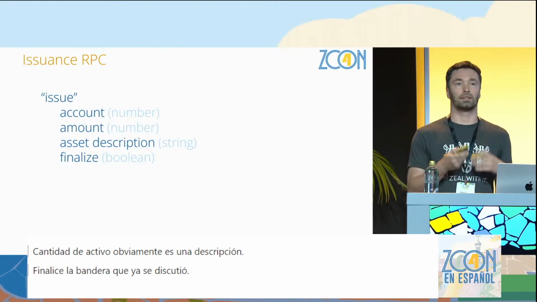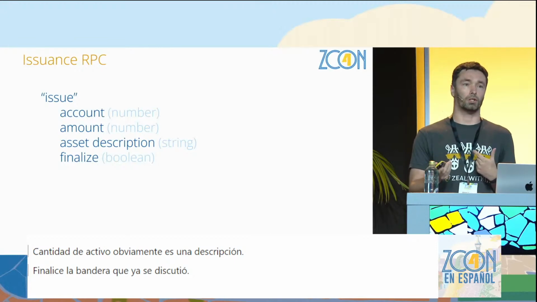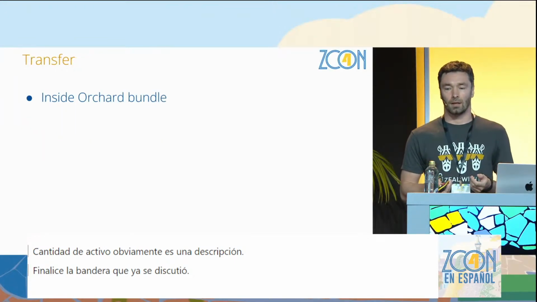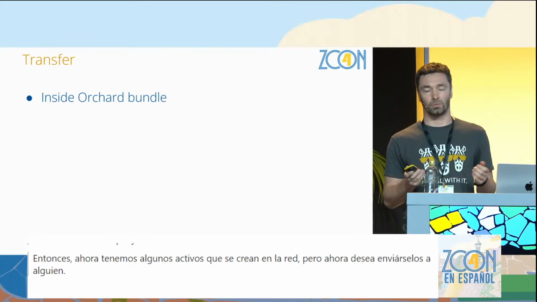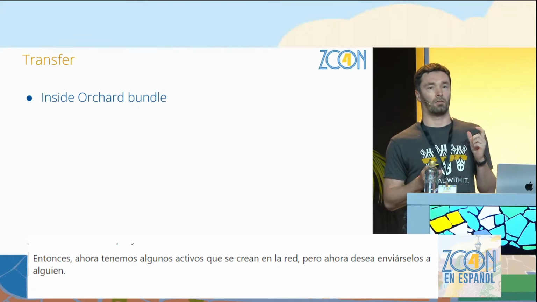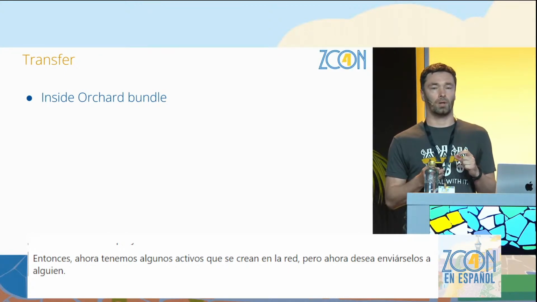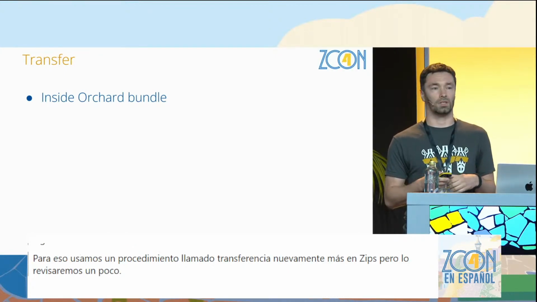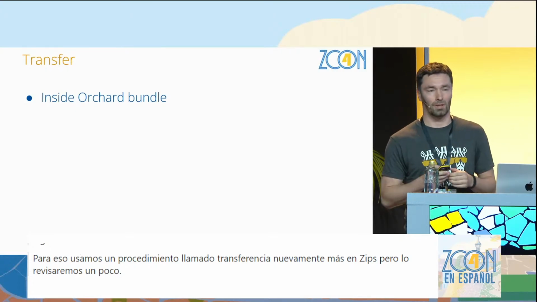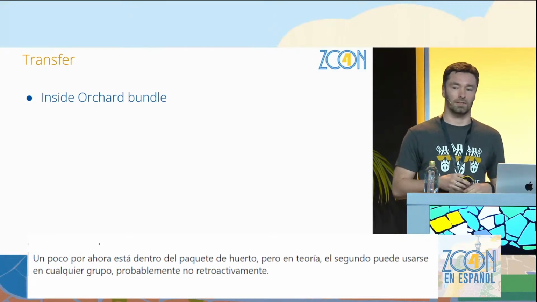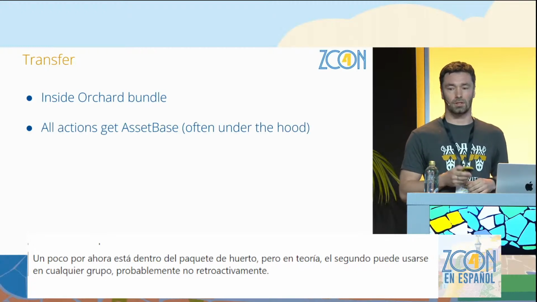So now we have some assets. It is created, it is on the network, but now you want to actually send it to someone. For that, we use a procedure called transfer. Again, more in zips, but we'll review it a little bit. For now, it is inside the Orchard bundle, but theoretically, the ZSA can be used in any pool, not retroactively probably, but any new pool most likely will have ZSAs. But for now, it's in Orchard.